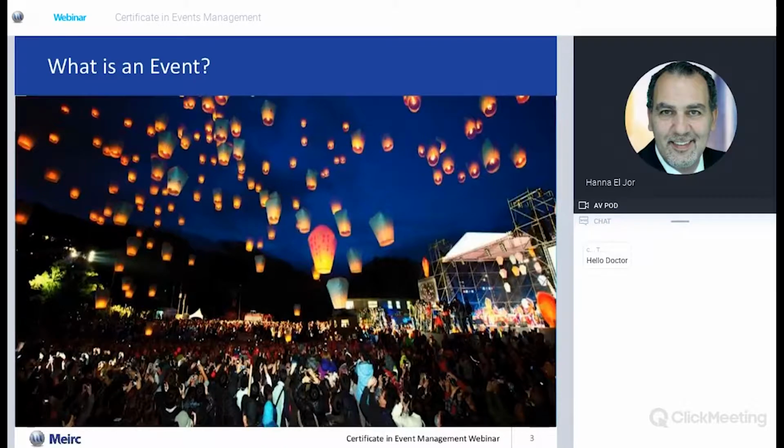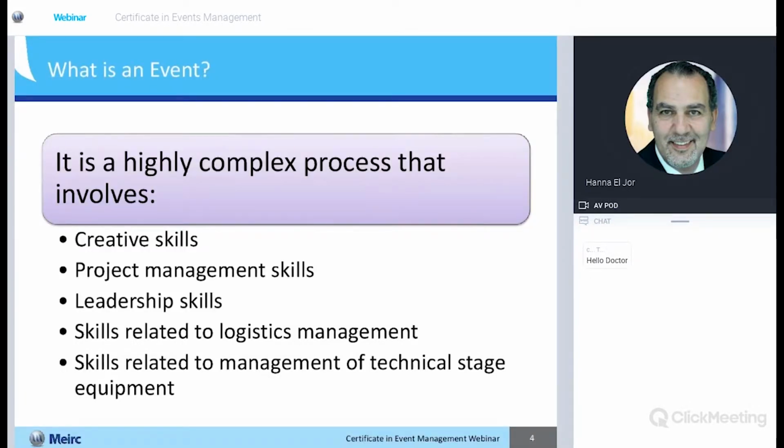All right. So when we talk about the definition of an event, it is a process, as we all know. It is not a simple process. It's a highly complex process because it involves many types of skills.